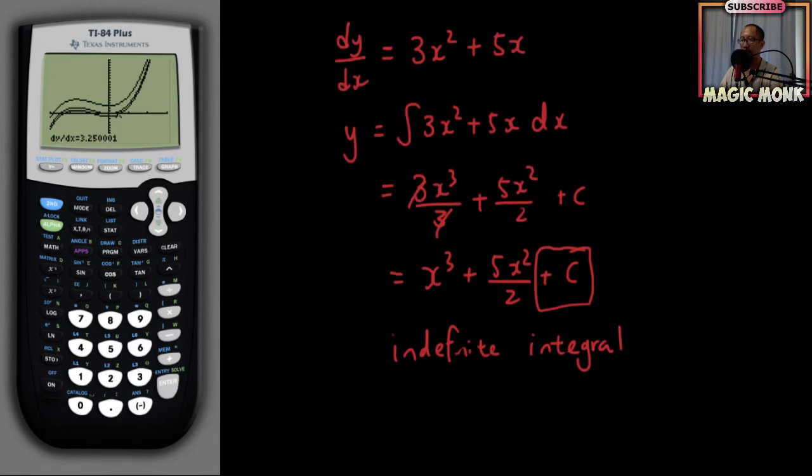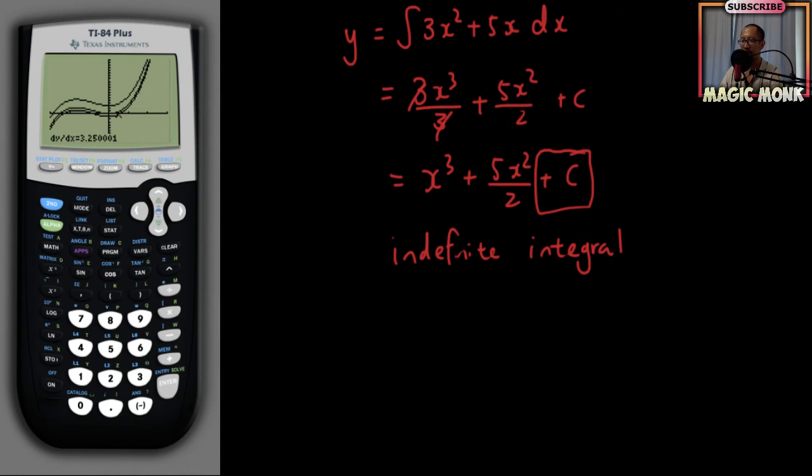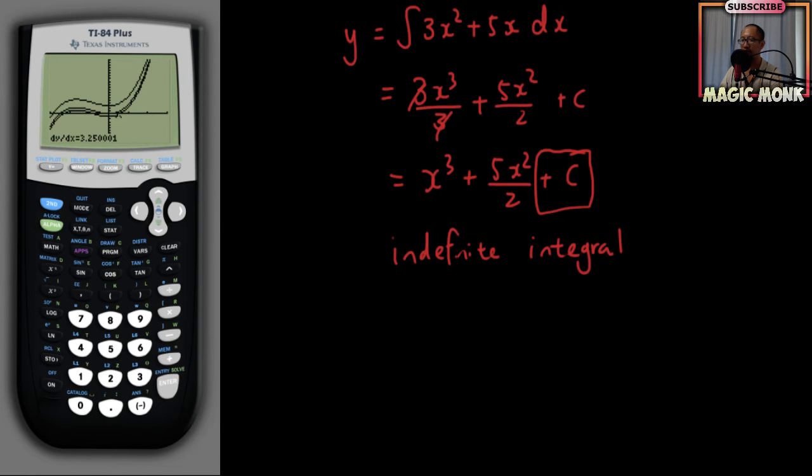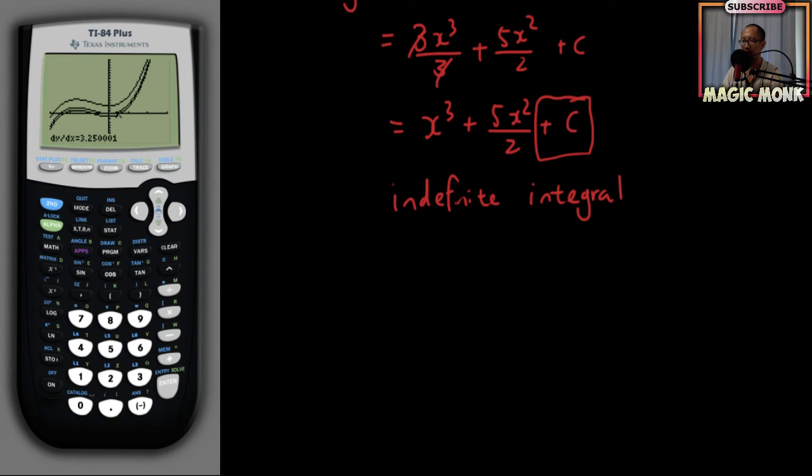So these are called indefinite integrals. Indefinite because we don't know which line it is, because they all have the same gradient. In order for us to find out which exact line it is, you will need additional information in the question. So the question might say, when x is equal to 1, y is equal to 1.